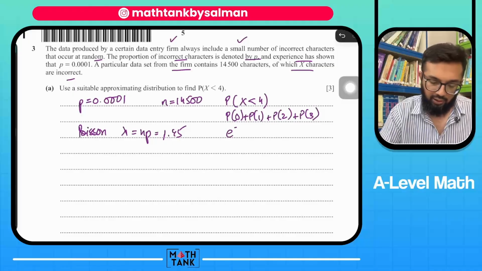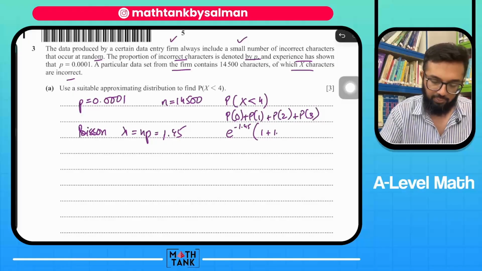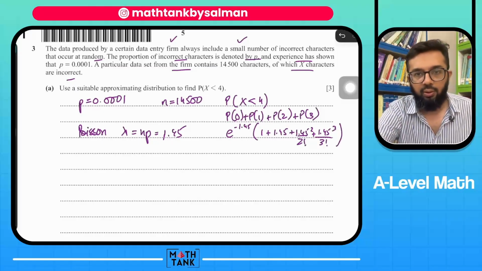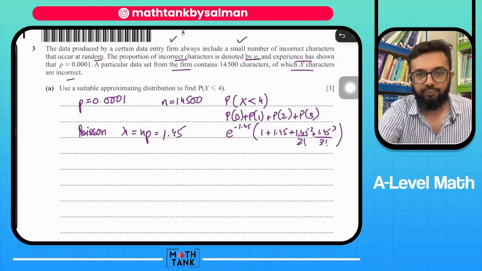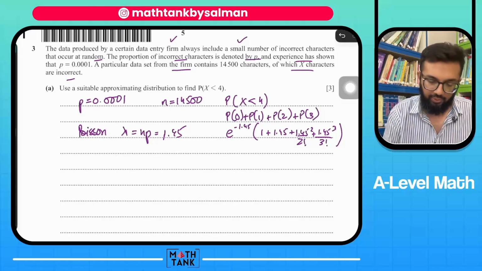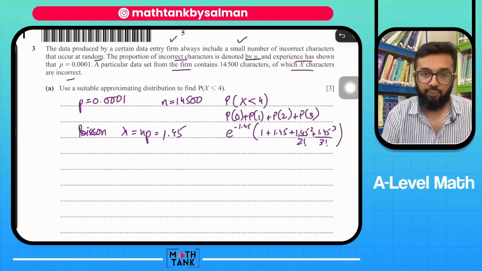So e^(-1.45) times (1 plus 1.45 plus 1.45 squared over 2 factorial plus 1.45 cubed over 3 factorial). Okay, that should give me a value of 0.94.